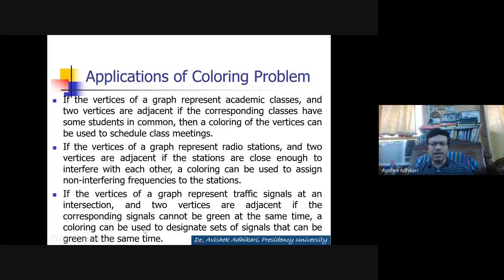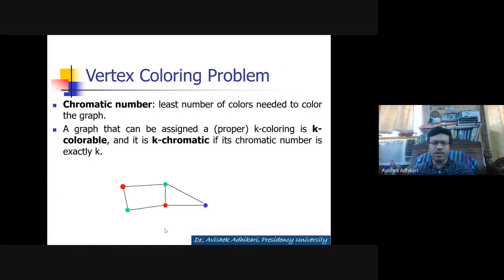A coloring can be used to designate sets of signals that can be green at the same time. Now you can use the coloring problem to solve this kind of scenarios. So there are plenty of such examples where you can use the graph coloring.